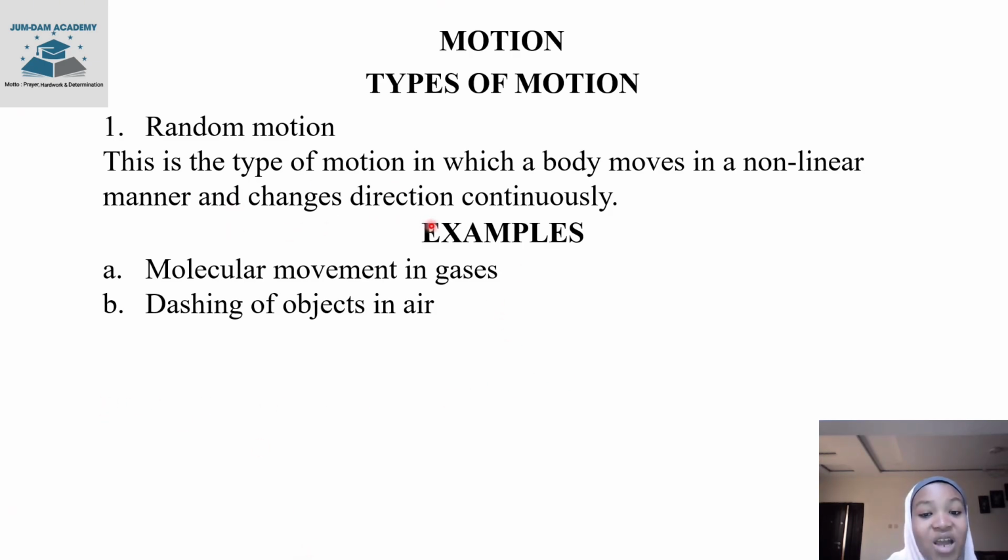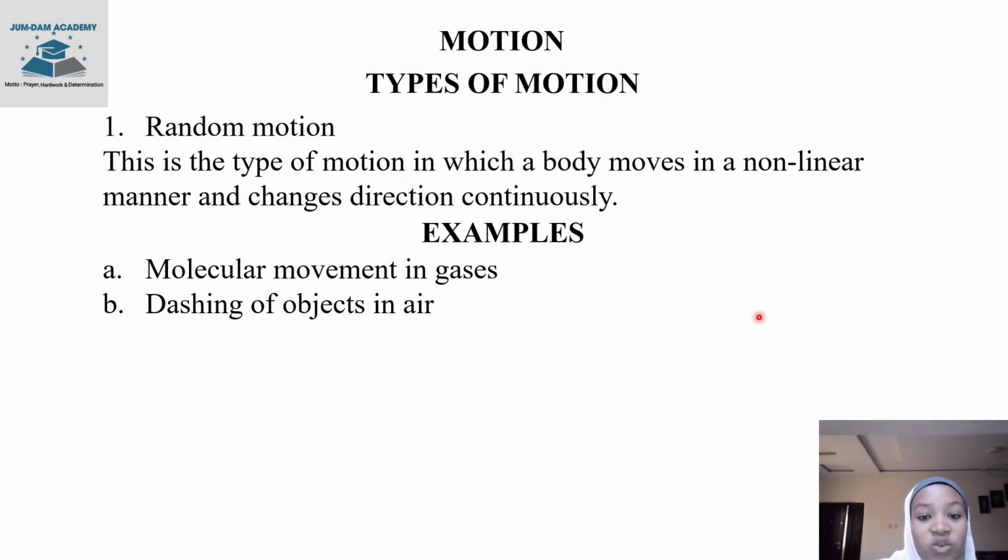Random motion changes direction continuously. So for example, we have molecular movement of gases. Like I said, when someone releases gas, the movement of that gas within that surrounding is a random motion, because it's not going in a straight line. It's just moving like this.